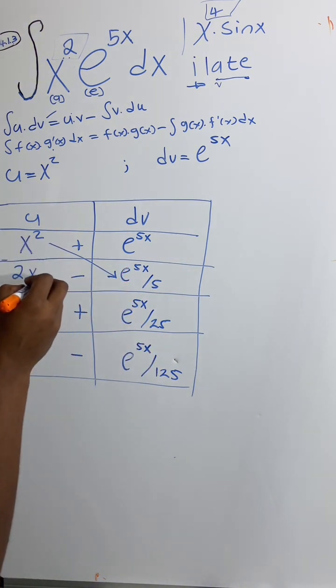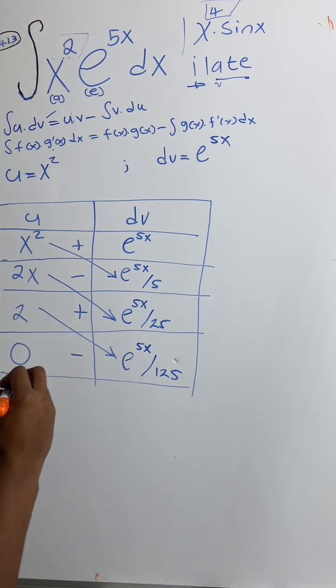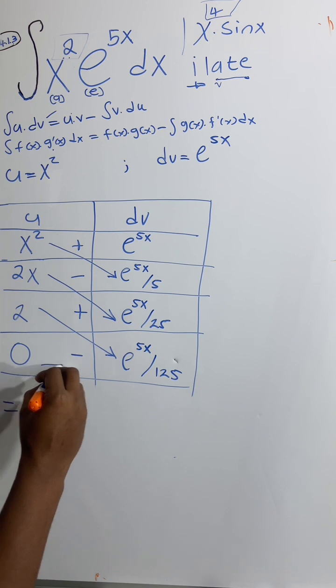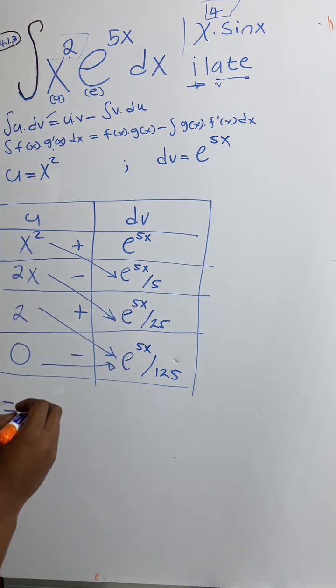So we are crossing, and we'll also cross here, and we cross here. This side we don't cross, we go horizontally. So x squared multiplied by e to the power 5x over 5.